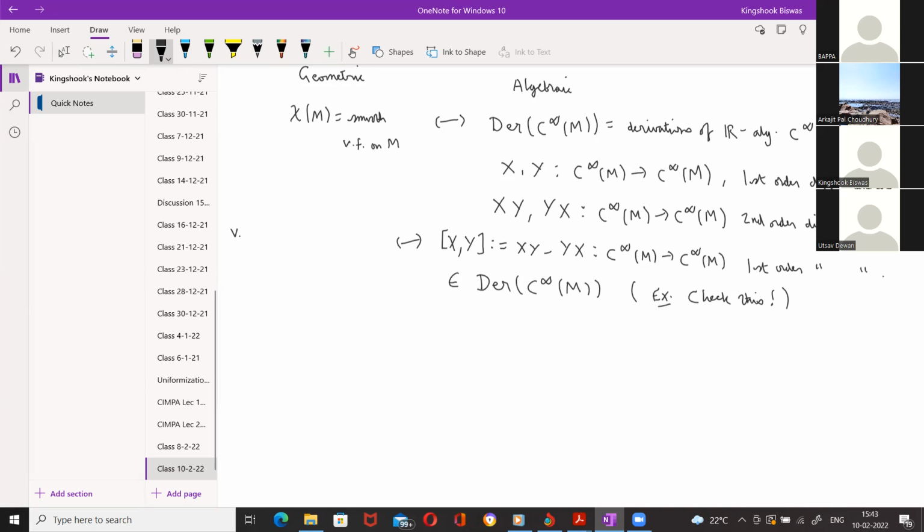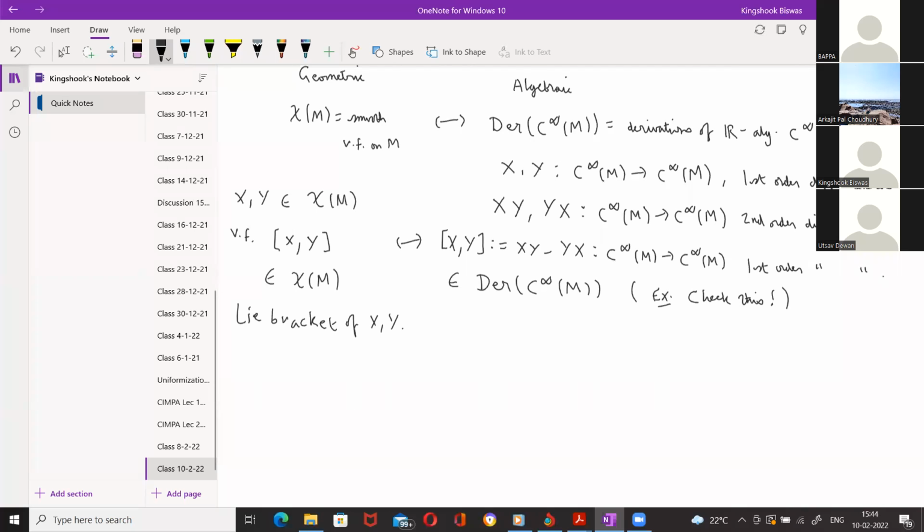So if I have X, Y belonging to χ(M), then I get another vector field, the bracket [X,Y], belonging to χ(M), which is called the Lie bracket of X and Y. Via checking that this is a derivation, we can then, by the previous identification, get that this is a smooth vector field on M.